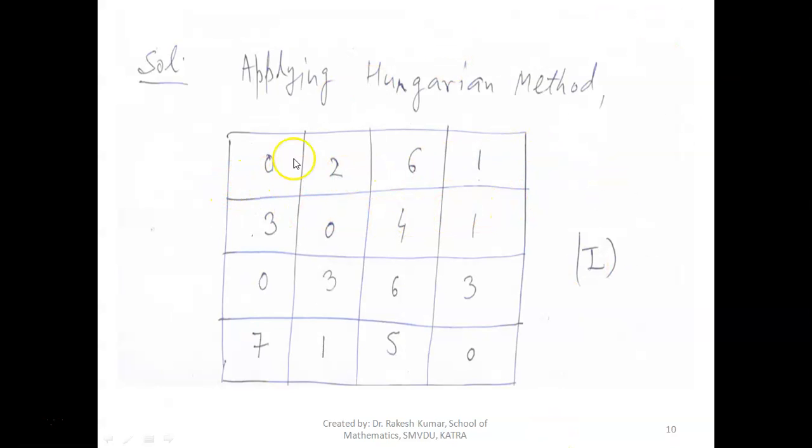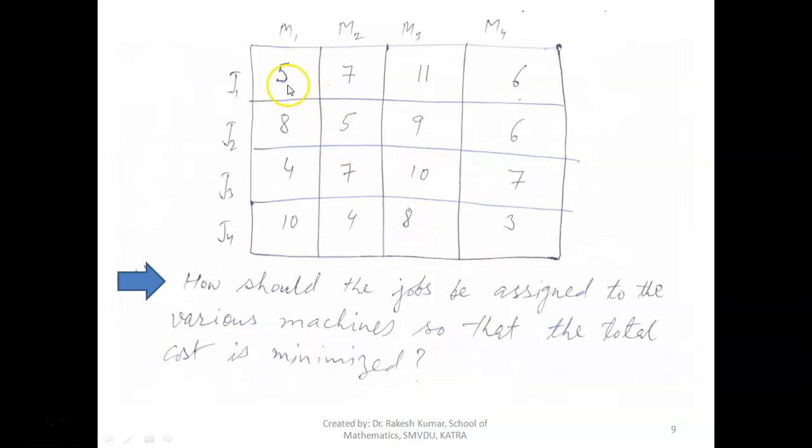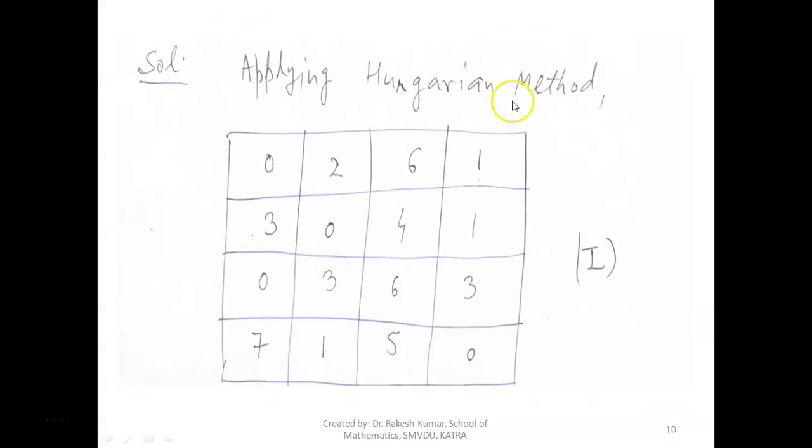Yes, we proceeded row wise and we got these values. Minimum cost 5, so 5 minus 5 is 0, 7 minus 5 is 2, 11 minus 5 is 6, 6 minus 5 is 1, giving 0, 2, 6, 1. Similarly, 3, 0, 4, 1. All this row wise we have done these reductions.